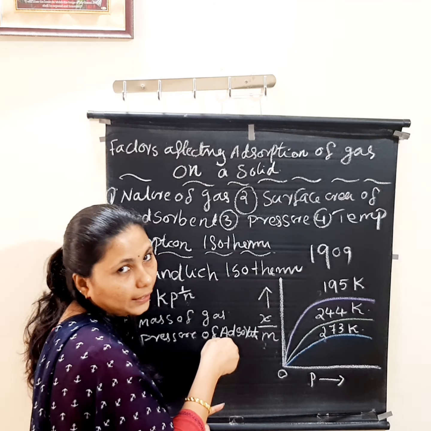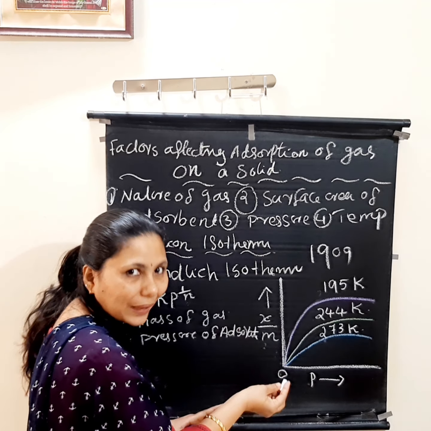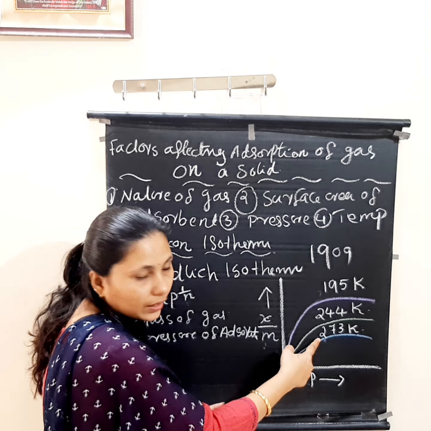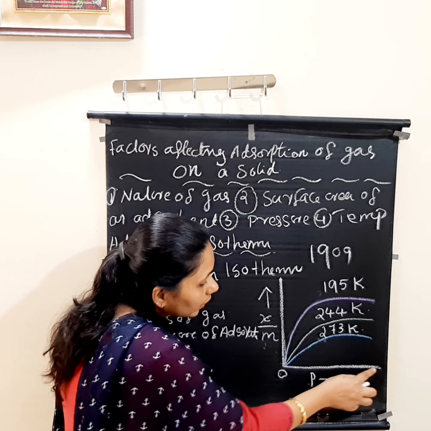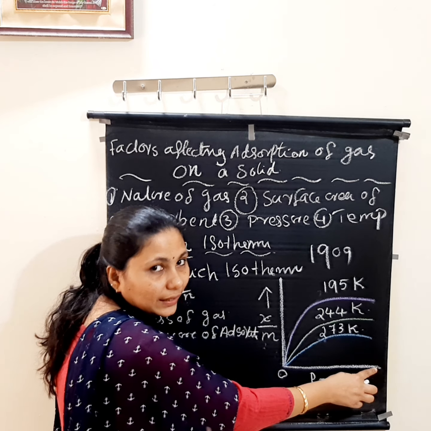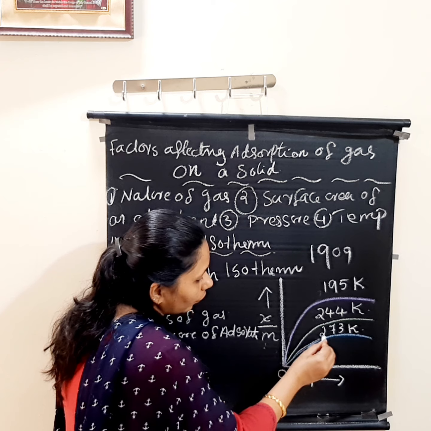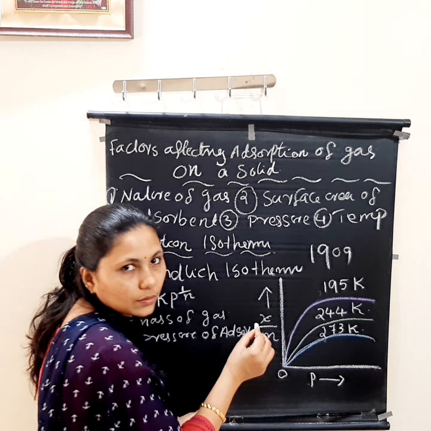So with the increase in temperature, adsorption is decreased. Then with pressure, this curve is obtained at 273 Kelvin. From here to here, pressure increases, so with increasing pressure, the adsorption also increases. We know that.